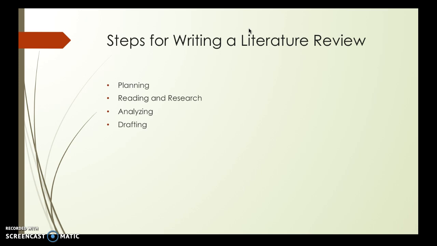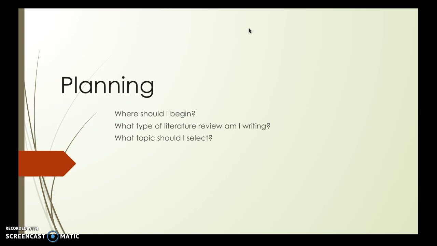There are some steps for writing a literature review: planning, reading and research, analyzing, and drafting. For planning, reading and research, and analyzing, I think you've already done it, so I won't talk more about it. We just focus on the drafting. For planning, you should think about where to begin.